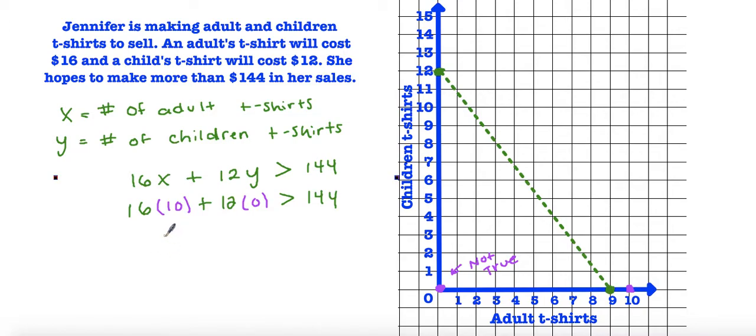And so 16 times 10 is 160. 12 times 0 is 0. So 160 is greater than 144, making that coordinate true. So we could shade this side of our line.